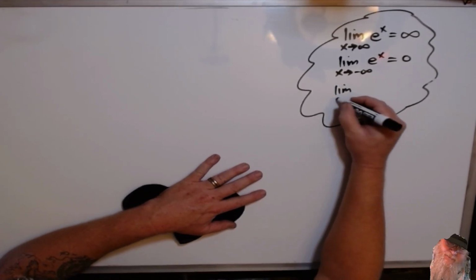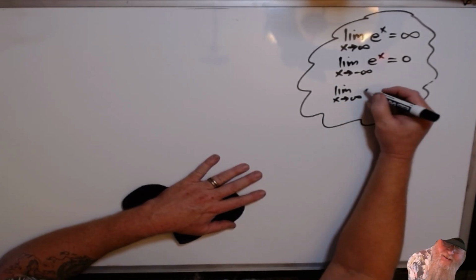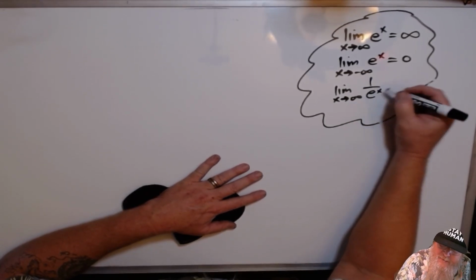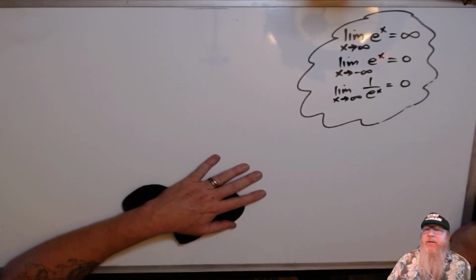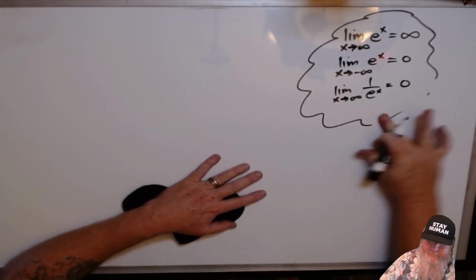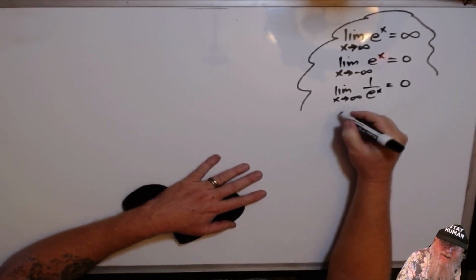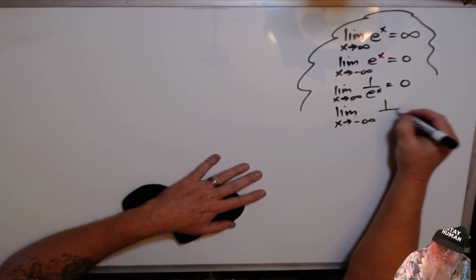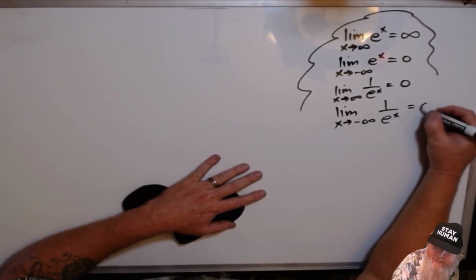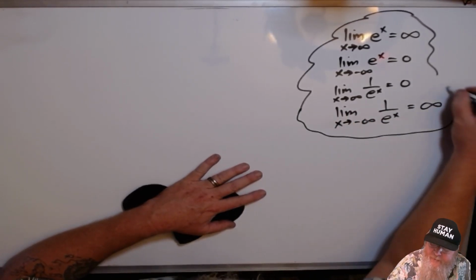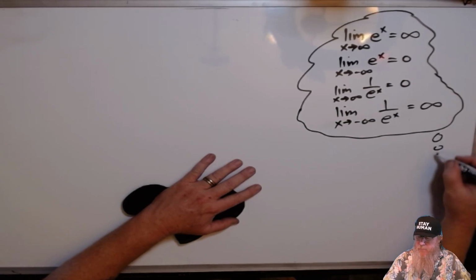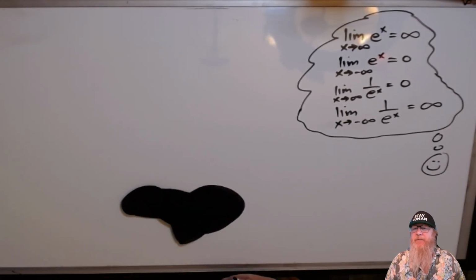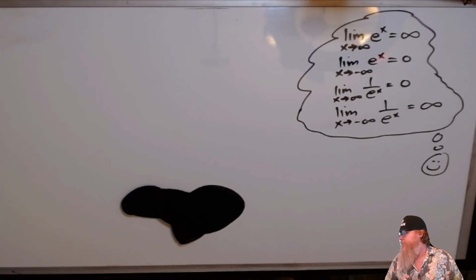The limit as x goes to infinity of 1 over e^x is 0. And the limit as x goes to negative infinity of 1 over e^x is infinity. So that is what we're going to use to do every example in the remainder of the time that we have in this video.